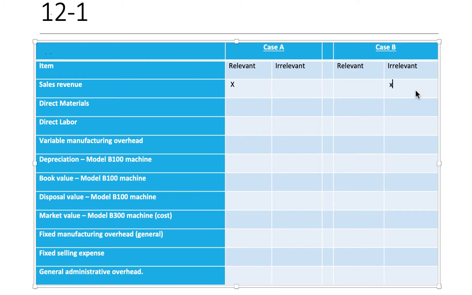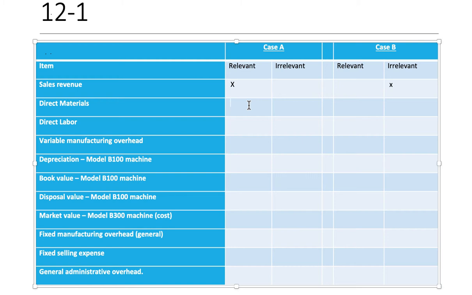Okay. Now let's look at direct materials cost, right? Let's look at case A. Is direct materials relevant for case A? Well, to answer this question, we have to say, will direct materials change if we buy the new machine and add it to production, or if we just keep producing like we are and using the B100?